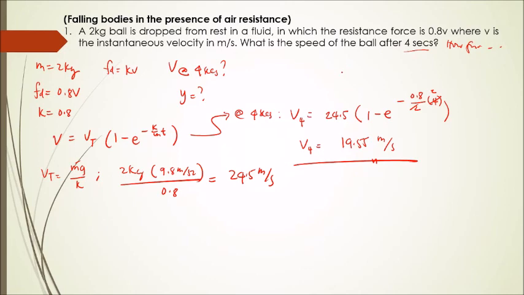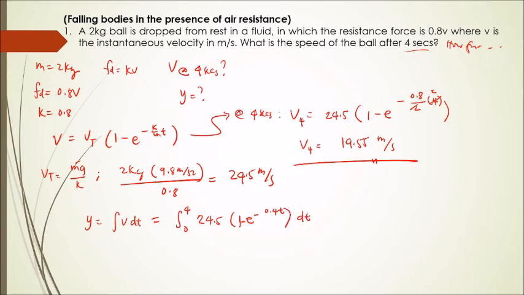Now, how far has it traveled? So our y, again, we can use an integral. y is equal to the integral of v dt, where our v after 4 seconds is vt, 24.5, times 1 minus e to the negative 0.4 t.